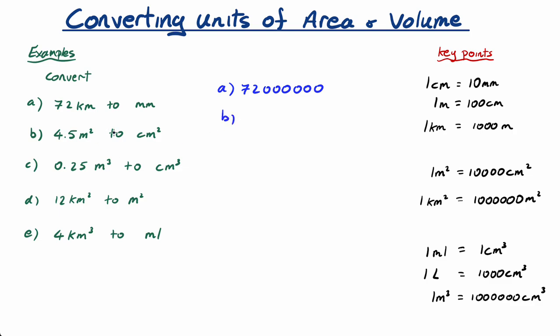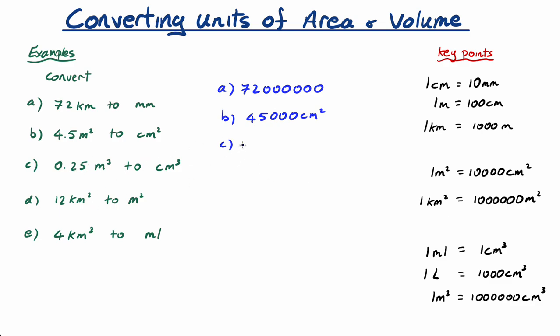Okay, B. 4.5 meters squared to centimeters squared. Now, guys, I've said there is 10,000 centimeters squared, so it's just 4.5 times 10,000, which is 45,000 centimeters squared. C. 0.25 meters cubed to centimeters cubed.